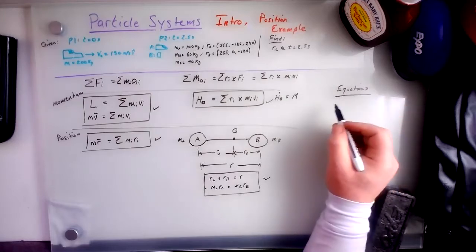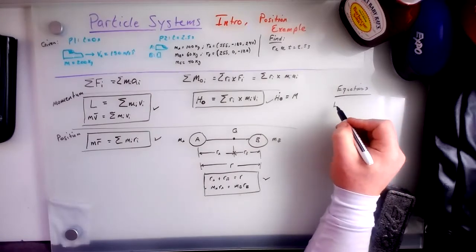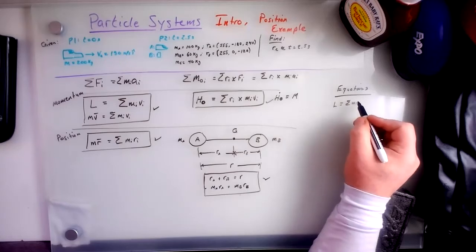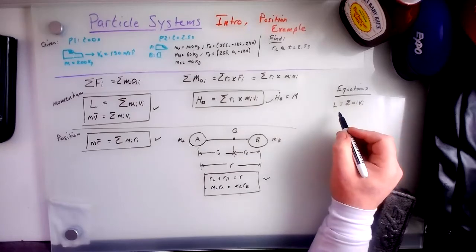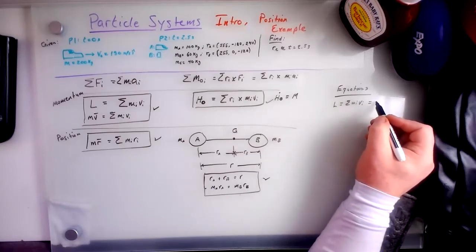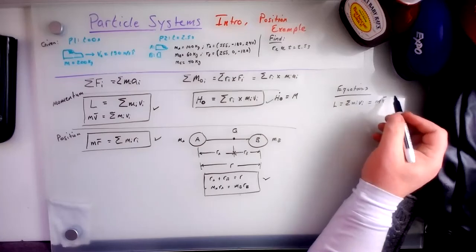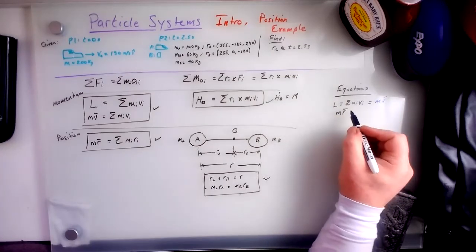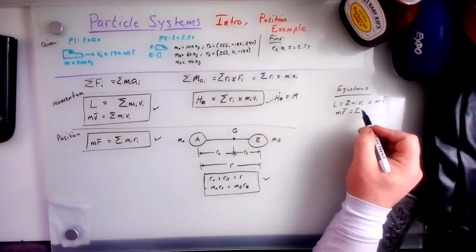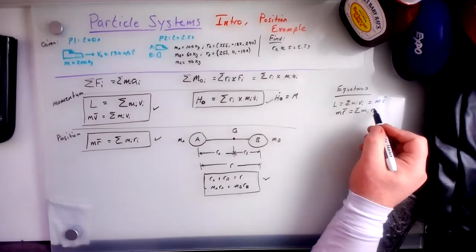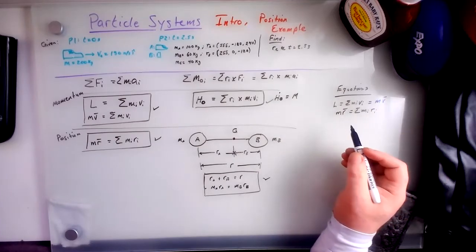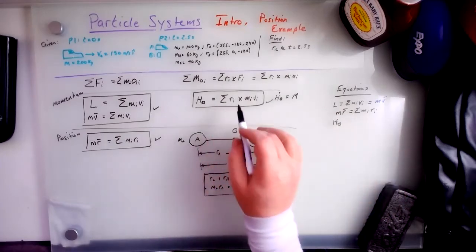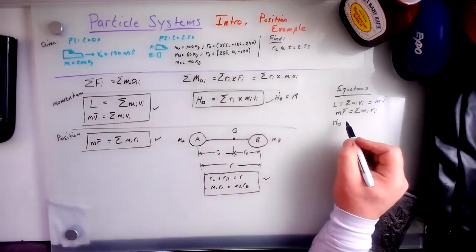Okay, our equations, what do we have? We have L equals the sum of m_i v_i. And I'm just going to extend this and say m v bar, then m r bar equals the sum of those, and this is angular, excuse me, this is linear.